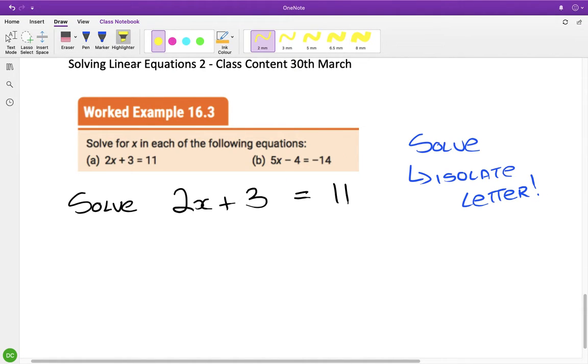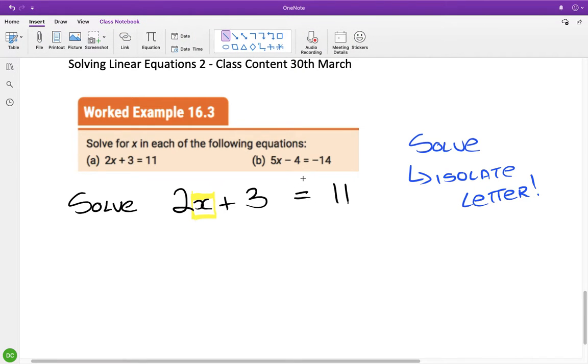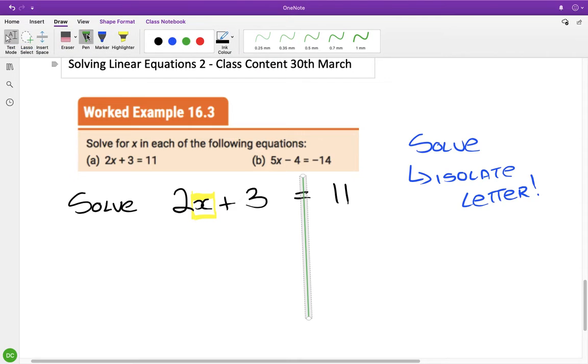So if I get my highlighter and I highlight my letter, I want that to be on its own. I'll put my line in. So here's the equals, which makes this the left-hand side, and it makes this the right-hand side.